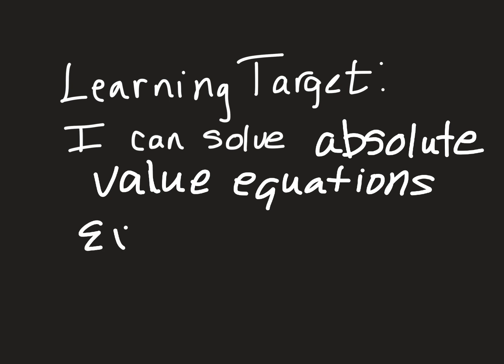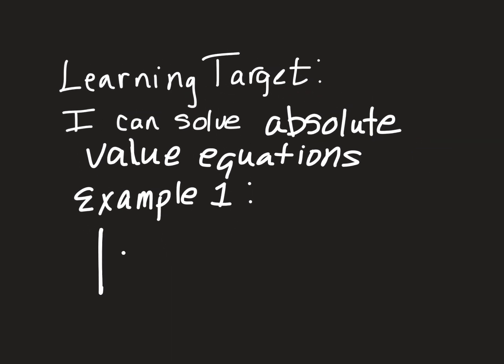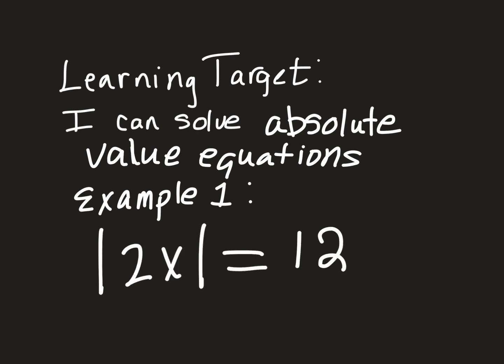Please make sure that you write down everything that I am writing. So example number 1. If I were to read what this says out loud, I would say the absolute value of 2x is equal to 12.